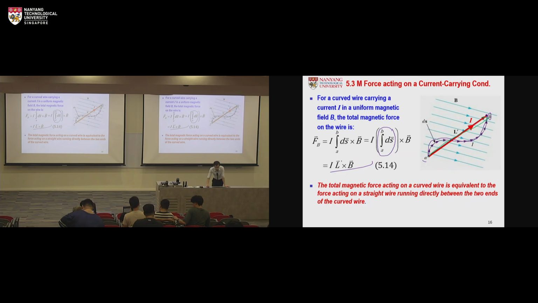Whether it is this kind of straight wire directed from A to B or this kind of curved wire from A to B, the length vector, vector L, is the same. Because if it's not a straight wire, you do this kind of integration, and basically it's still a vector pointing from A to B.